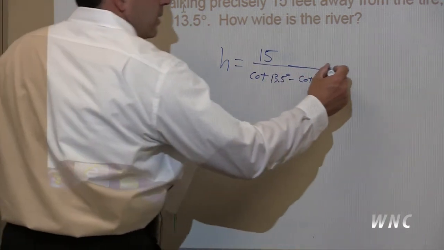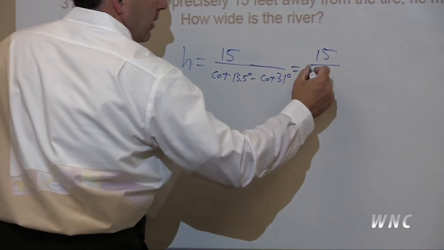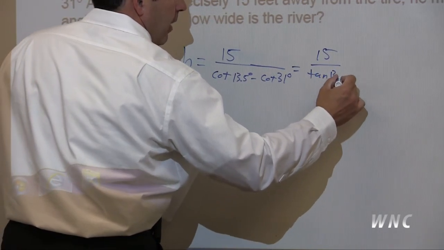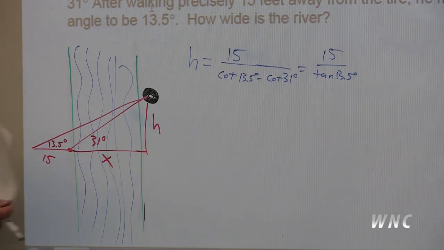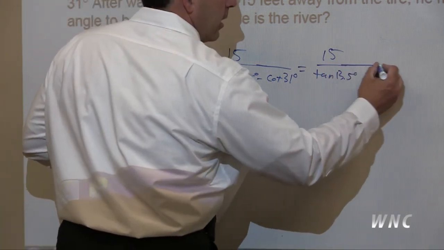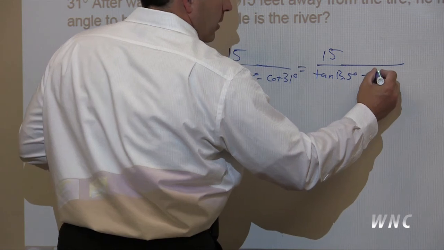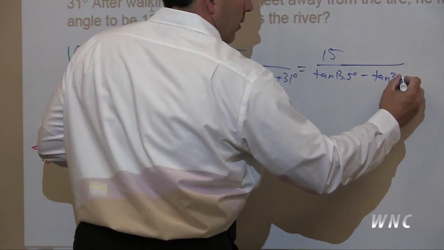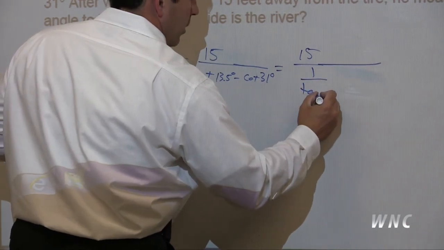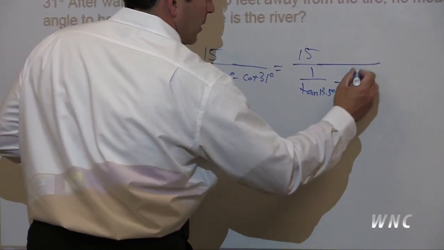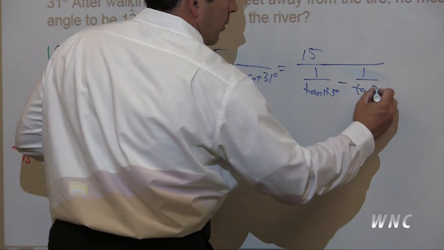If you want to work this out, the TI-89 does have cotangent, but not everyone is going to be using the TI-89, and it's not easy to get to. Oh, I'm sorry, it's 1 over tangent. 1 over tangent 13.5 degrees, minus 1 over tangent 31 degrees.